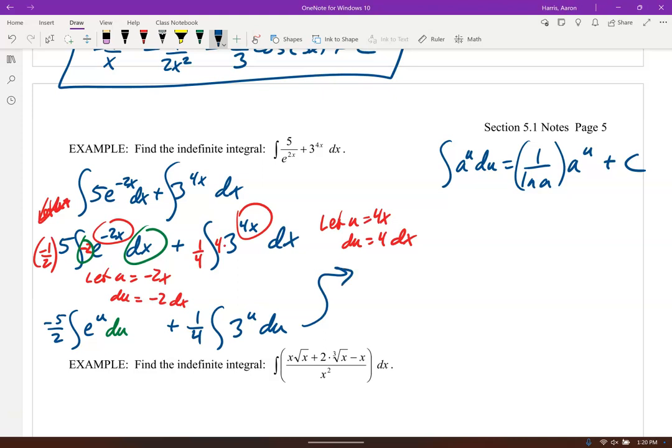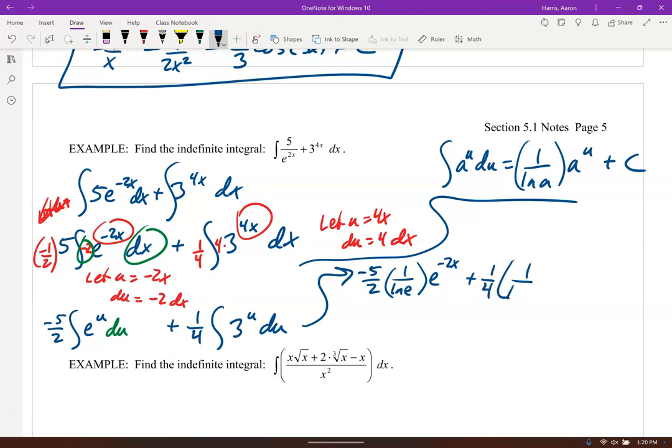And so we have negative 5/2. The integral of e to the u is 1 over ln of e times e to the u, which in this case the u is negative 2x, plus 1/4, 1 over ln of 3, 3 to the u, but in this case the u was 4x.